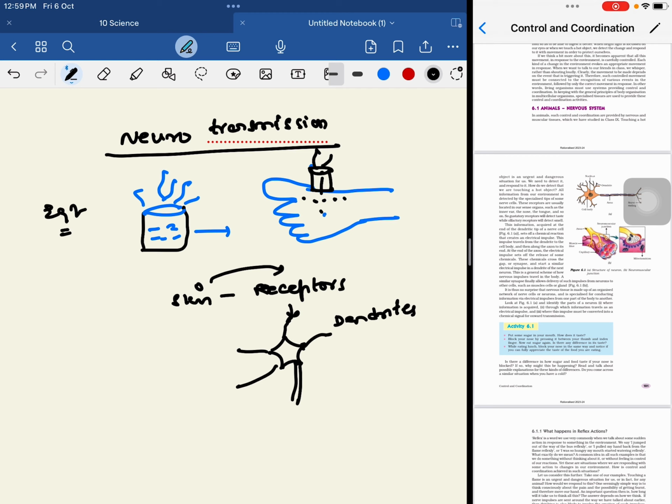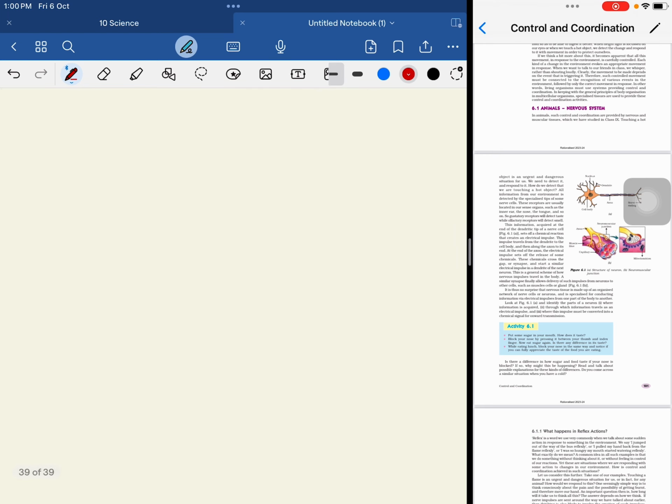The dendrites will release some chemical material into the cell body. So this is the receptor.